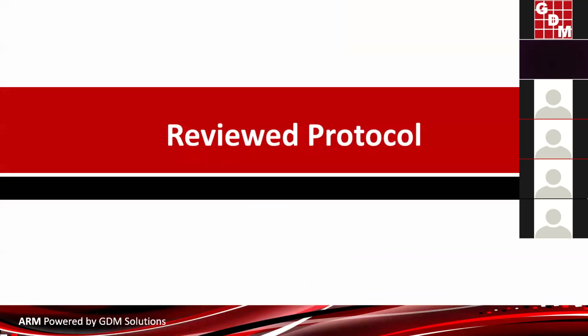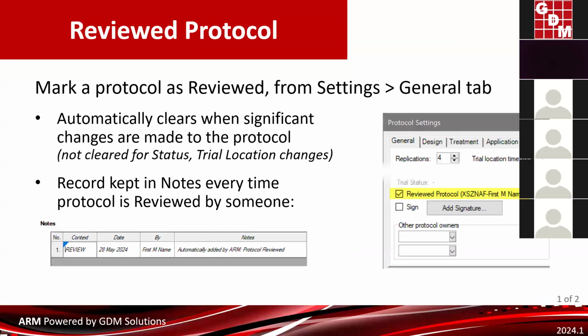Next function, very similar. It is the ability to mark a protocol as reviewed. So pretty similar to the signature. It's actually in the same spot in your settings dialog. And when you mark it, you're putting down your license as a person who has, in this case, reviewed the protocol.